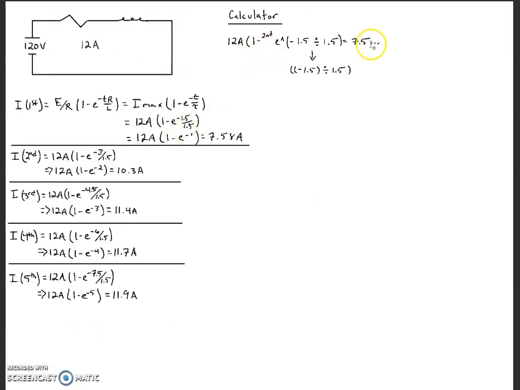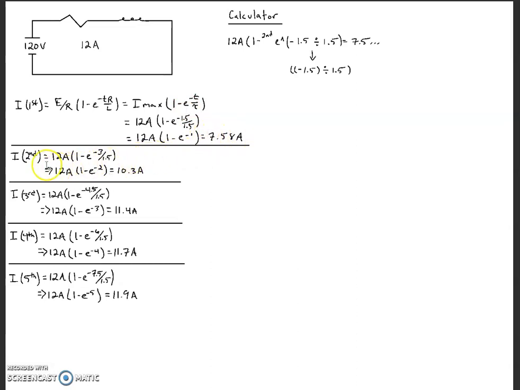So if we plug this in, I is equal to E over R, which is otherwise known as I max. This is just a little bit of a breakdown. So we have e to the negative 1, the ratio of 1.5 to 1.5, is 7.58 amps.